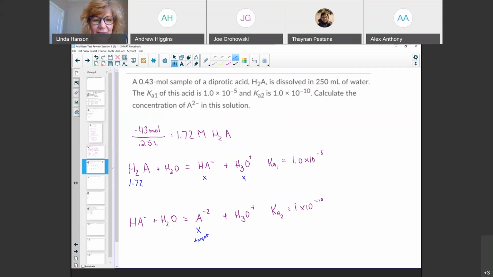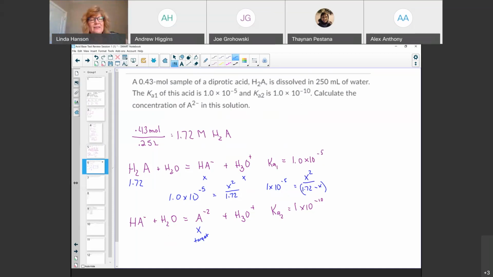So I can find the value of X by taking Ka1, setting it equal to X squared over 1.72. And all I'm saying is, if you were to solve the equation where you had the minus X in there, you'd end up using the quadratic equation.